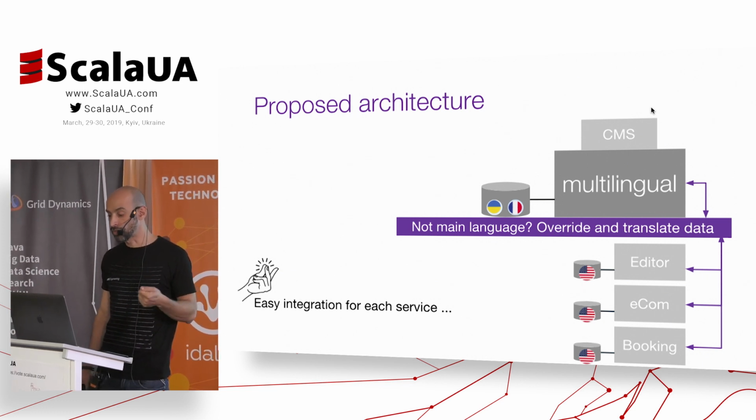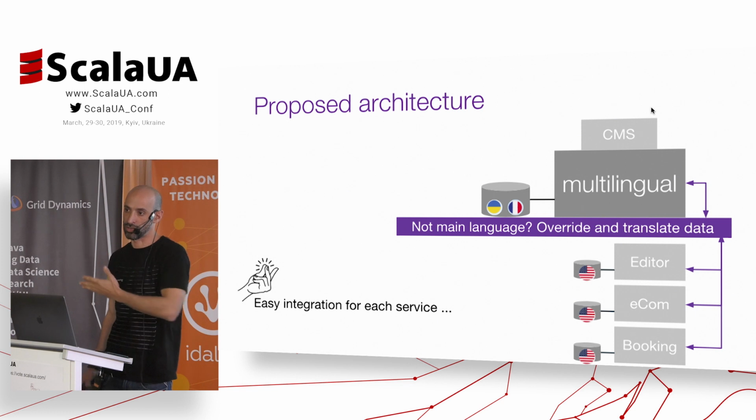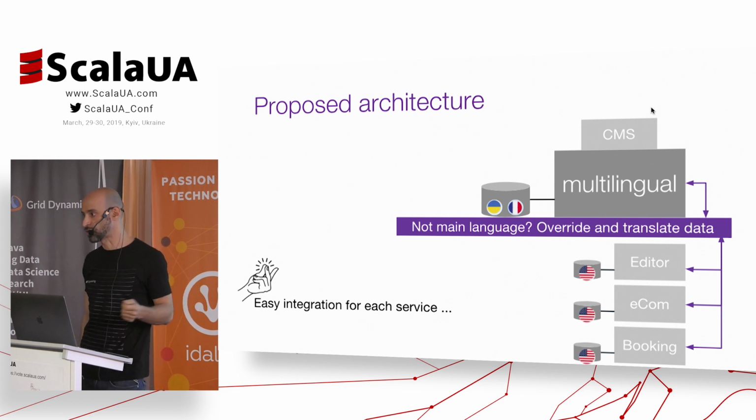So one of the things that we decided is to keep the main language and the data as it is, but if someone who watches the web page asks in runtime for a different language, then before we return the result from the service, we override it with the translated language.